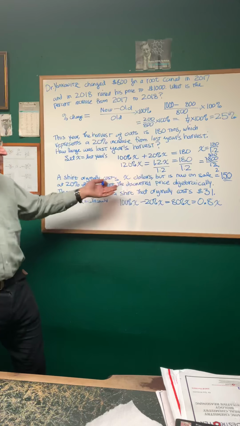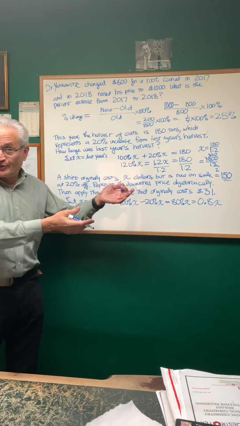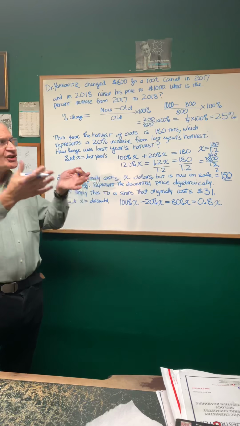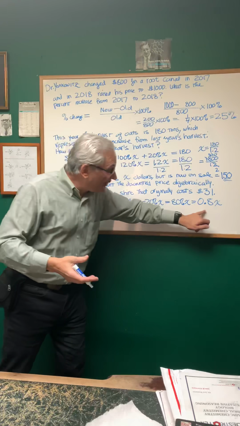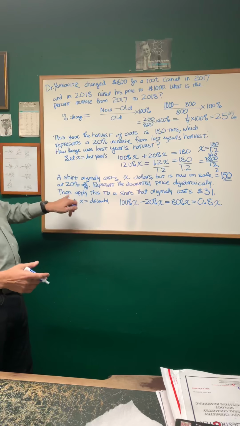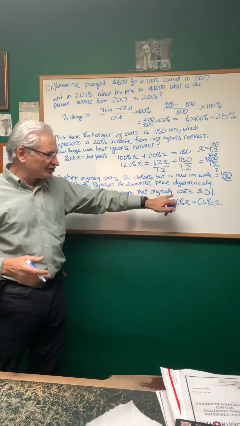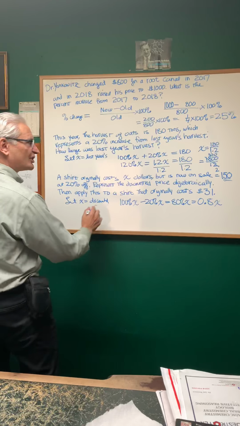So if something is on sale for 20% off, you don't have to compute 20% of the value and then subtract it. No, just subtract the 20% from 100, get 80%, multiply that by the original cost, and you'll get your discount. Okay, so let's apply this to a shirt that originally cost $31. How much does the discounted shirt cost?